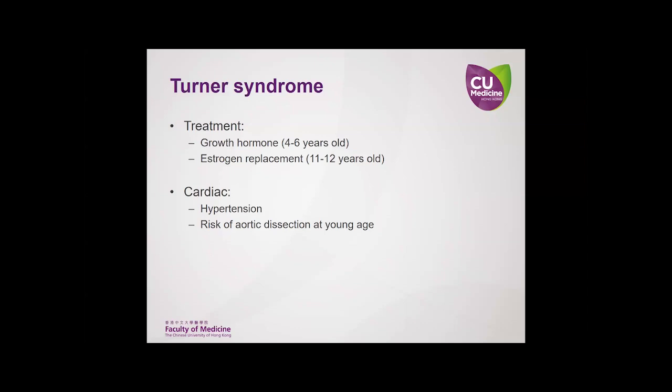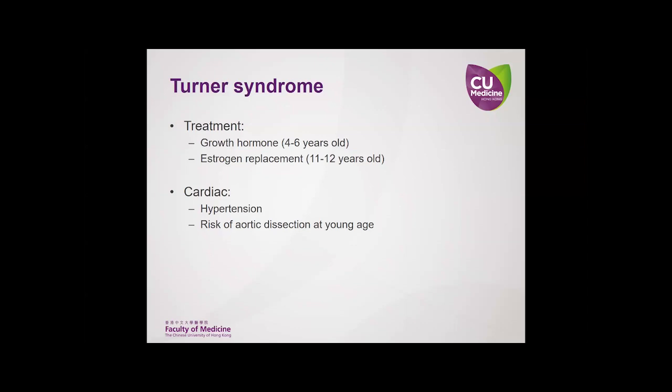For the genetic counseling, after we have made a diagnosis, we also have to refer the patients for assessment. Turner patients are a group you can't miss referring to a cardiologist for assessment.